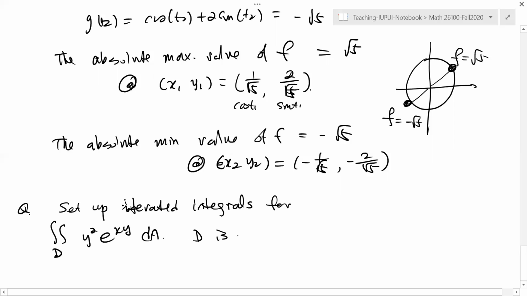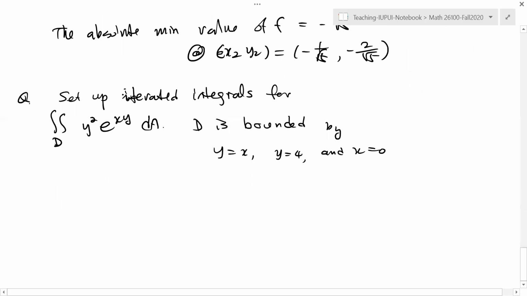D is bounded by y equals x, y equals 4, and x equals 0. You need to set up both of them, and evaluate one of them. Then you decide which one you want to evaluate.